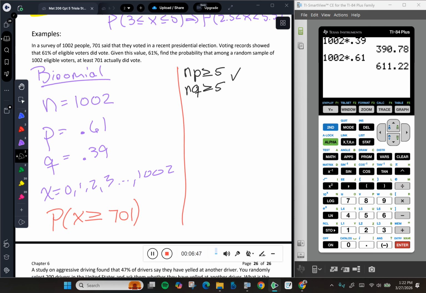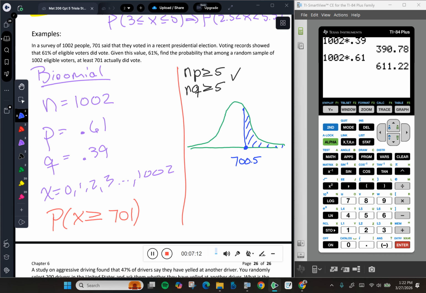So then what we can do is turn this into a normal distribution problem where we're going to find a probability of being bigger than, here's where the continuity correction comes in, 700.5.